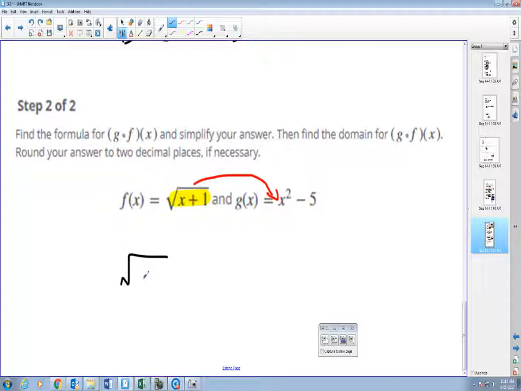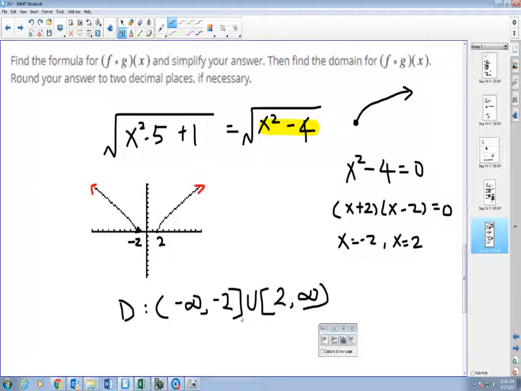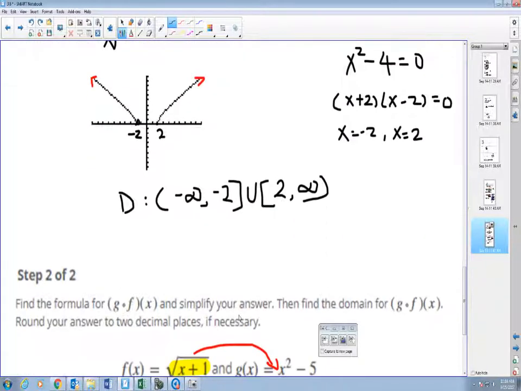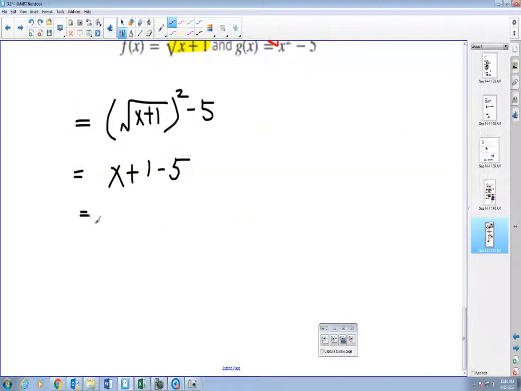Now it will be the square root of x plus 1, whole thing squared, and still minus 5. Alright, so if I simplify this, square and square root will cancel out. That will simply be x plus 1 minus 5. So I know this is going to be just a linear function, x minus 4.